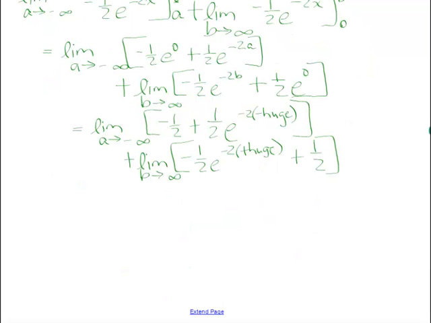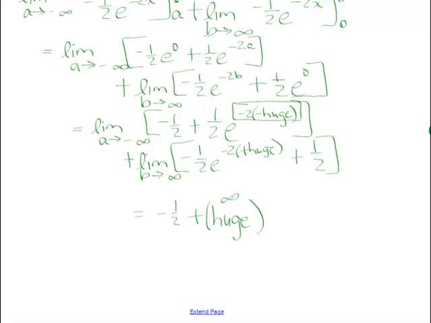So let's look at this. This is negative 1/2 plus e to the positive huge. Do you see that? Negative 2 times negative huge is going to give me positive 2 huge. That's huge. In this context, since we're talking about the answer, we could write that as infinity.